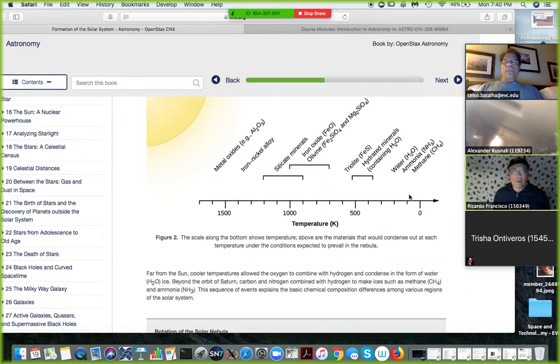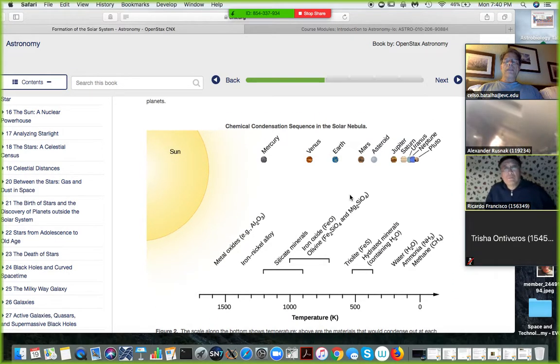Now, looking at terrestrial planets, they don't rotate fast, they don't have a strong magnetic field, and they don't have a lot of moons. When you look at the Jovian planets or gas giant planets, they rotate fast. They have several moons, and they have a rocky core. That's all right, but they do not have a solid surface.